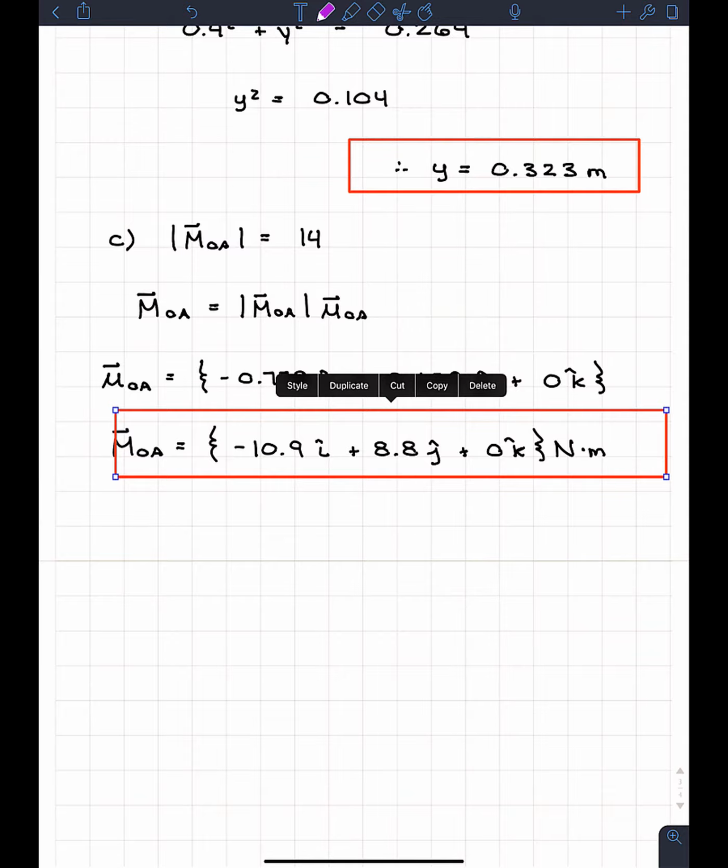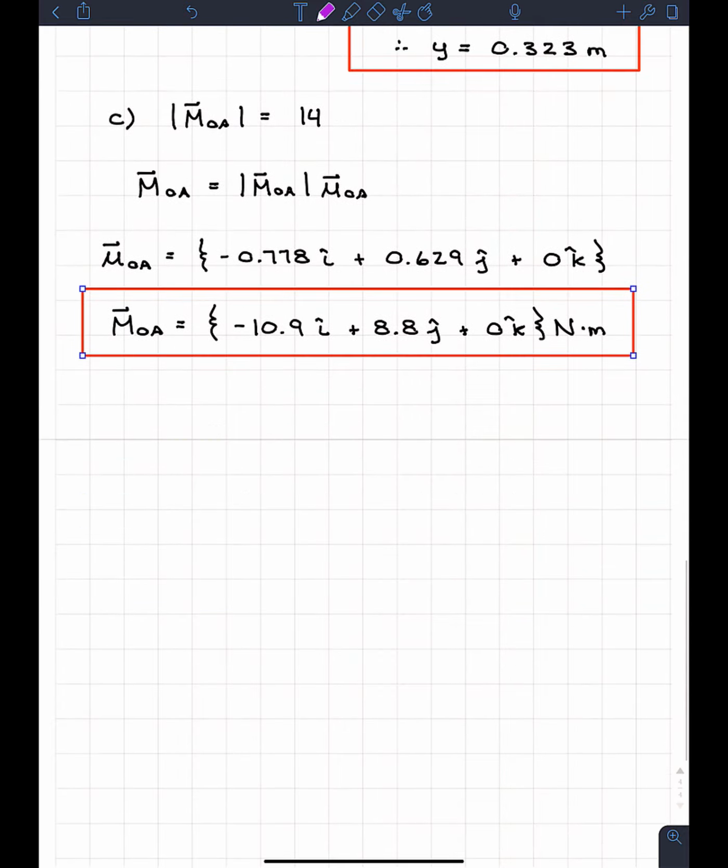So then again, just to clarify for some people that are wondering, hey, where did you get this 10.9? Well, that's going to be the 14 times the unit vector of x, which is the negative 0.778. So that's the question. Very, very short question.